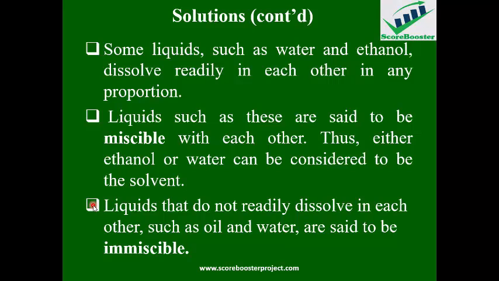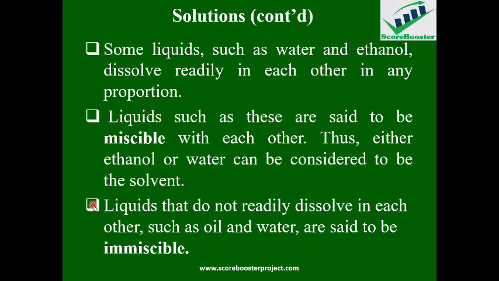When we have water and ethanol dissolving readily in each other, we have a solution of water and ethanol. It now depends which one is solvent and which one is solute. But the bottom line is that the two are miscible, because in any proportion they have the capability of dissolving each other.